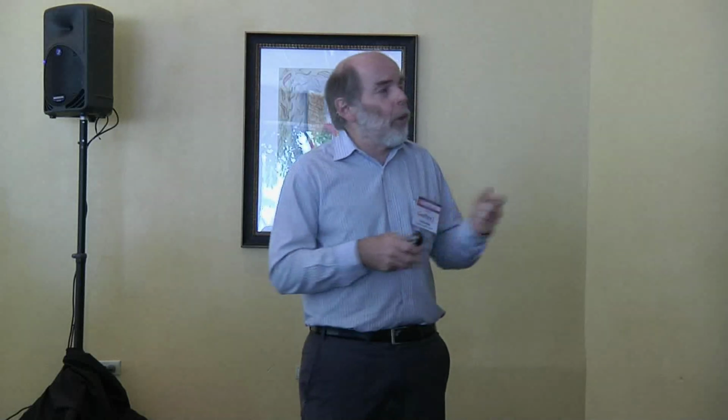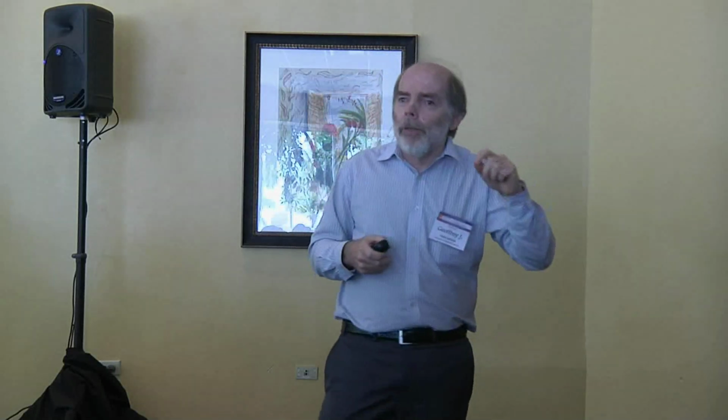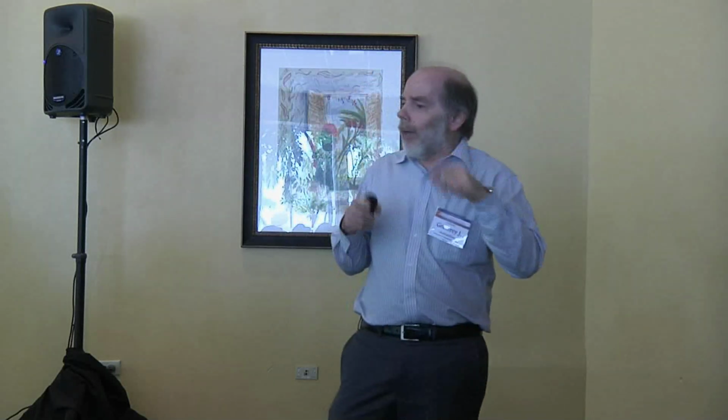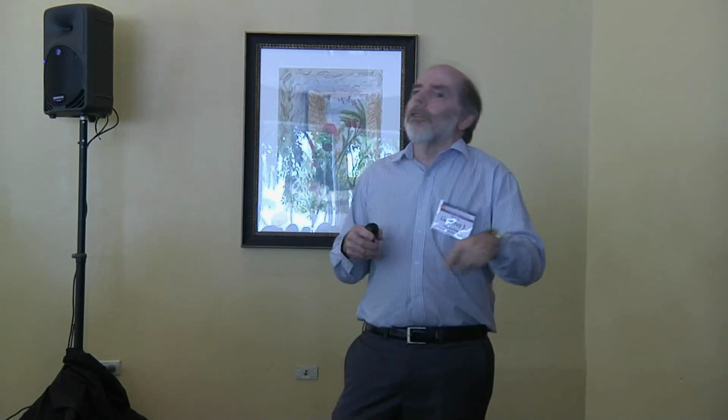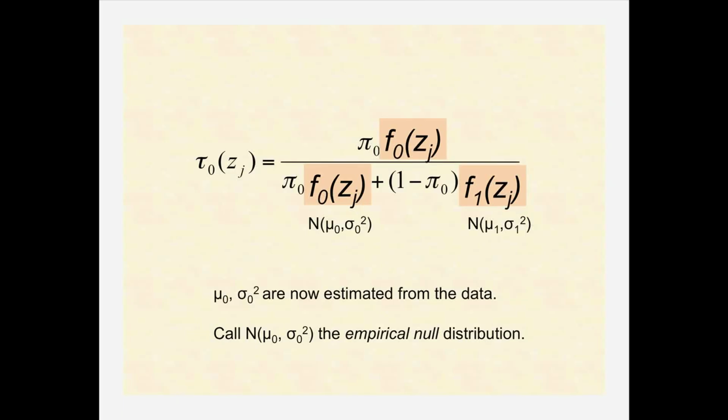The mixture model is identifiable, but you run into so-called practical identifiability. That is, the sample size has to be really large to be able to identify these two components, because you can get two solutions. I can get one solution with a value of pi naught and these parameters, and I can get another solution for a different value of pi naught and different values here.